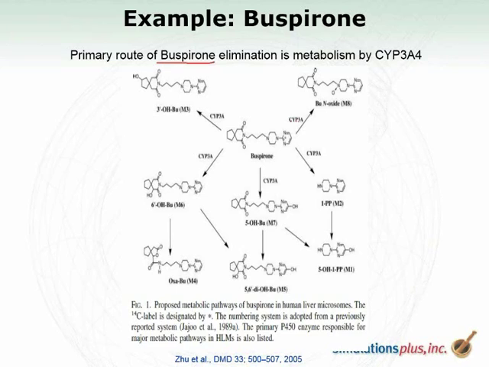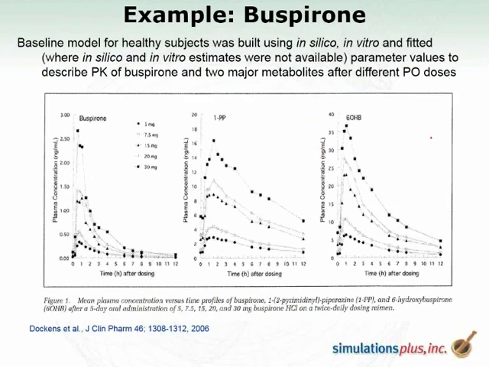Buspirone is metabolized mainly by 3A4 enzymes into several different metabolites, and our scientist Joyce McWan, who developed this model for buspirone, found a nice set of publications. The most extensive one was by Dawkins, showing buspirone as well as two of its major metabolites after several different doses of buspirone.